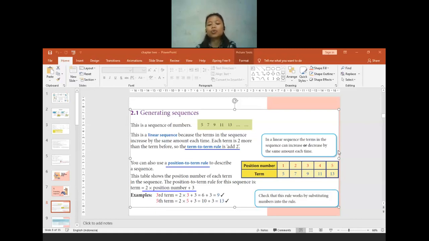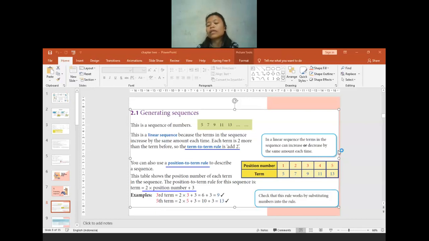This is called the term to term rule. It is a rule among the numbers. From 5 into 7, what is the rule? The rule is add 2. What is the rule to change from 7 into 9? Add 2. So after 13, what number will it be?